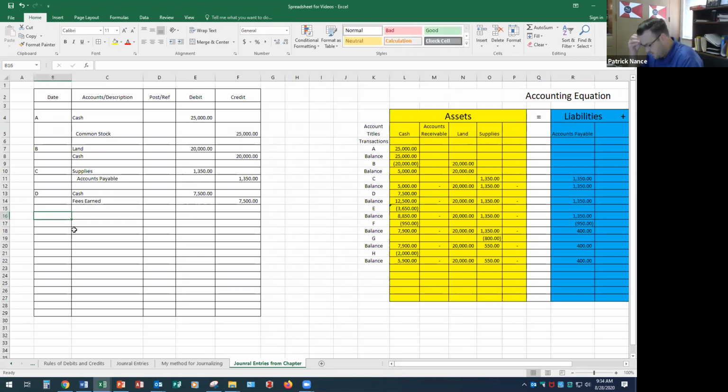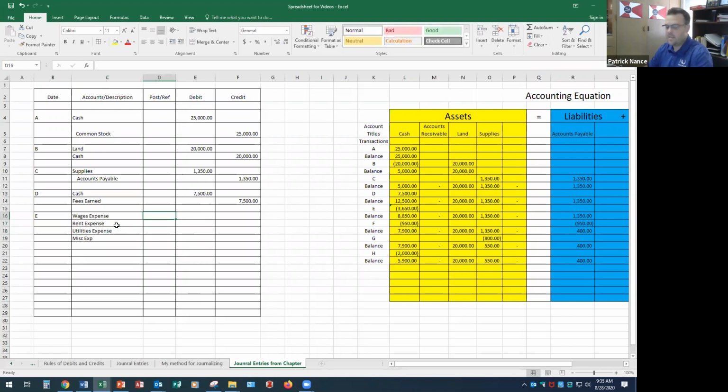This is one with multiple expenses. Net Solutions incurred the following expenses: wages, $2,125, rent of $800, utilities of $450, and miscellaneous of $275. So I do have to separate those out into their individual accounts. This is transaction E. So I have wages expense, rent expense, utilities expense, miscellaneous expense.